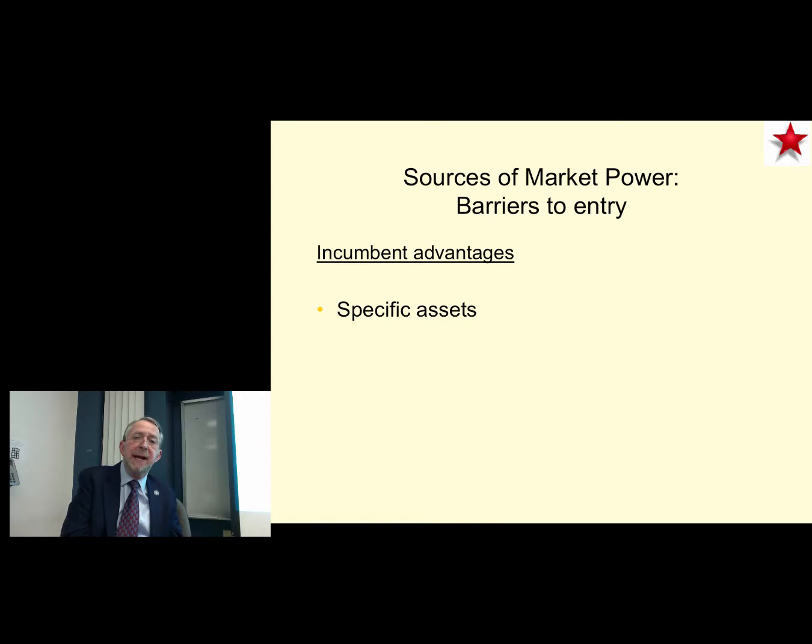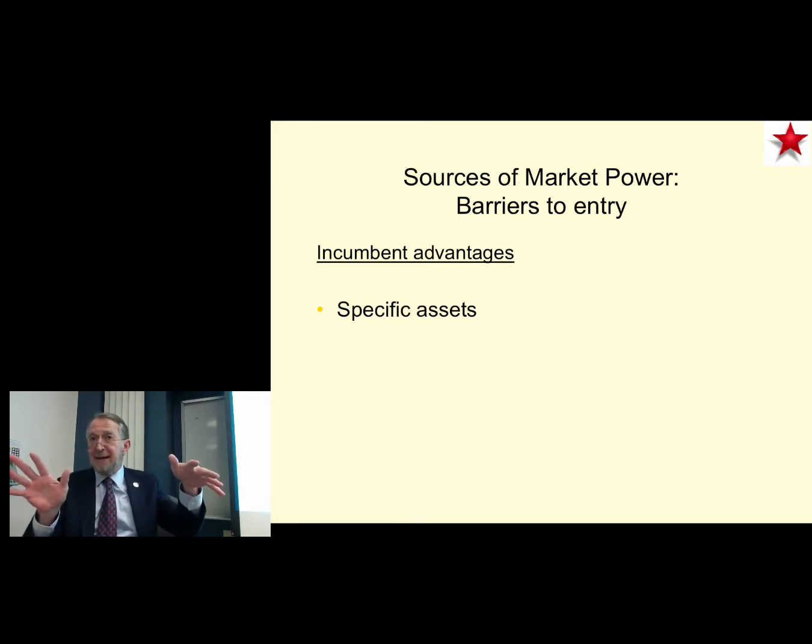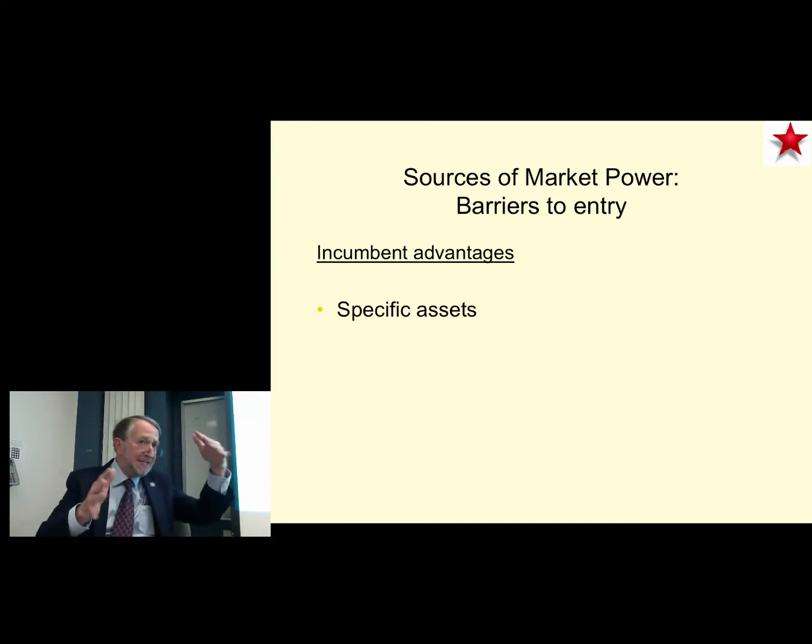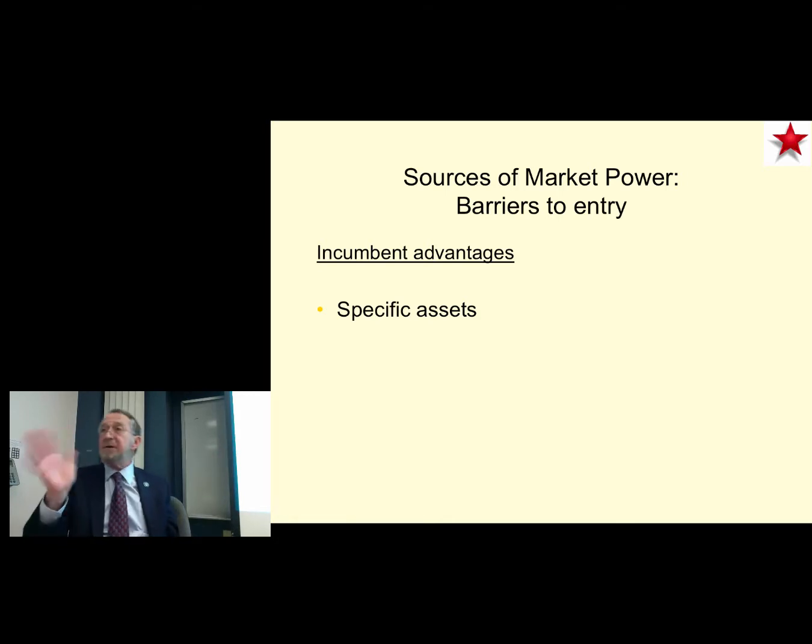Oh, and by the way, this analysis does not only apply to the monopoly model, it also applies to oligopoly and monopolistic competition, because all of them face a downward sloping demand curve. Everybody with me? There are matters of degree, like monopolistic competition. It's pretty elastic because there are a lot of different products there, but it's still downward sloping, and so some of these barriers may exist at varying degrees for any of these three models.